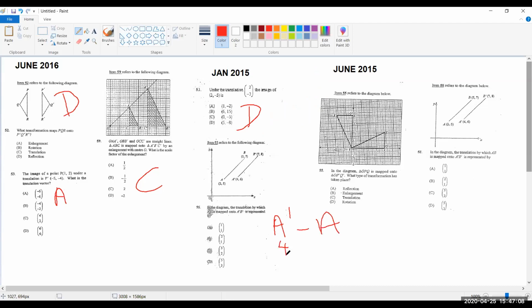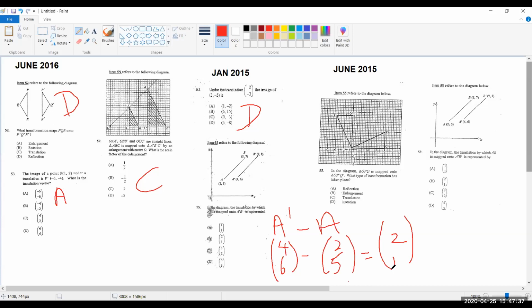So it's (4, 6) take away (2, 5). 4 take away 2 is 2. 6 take away 5 is 1. Where you say B? I said B. Okay, let me double check that.